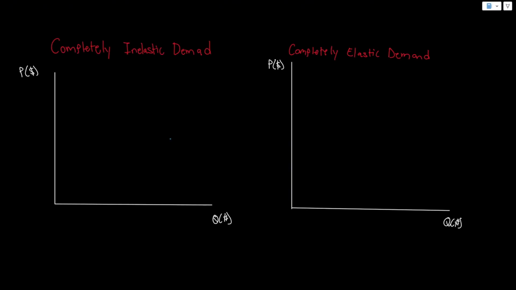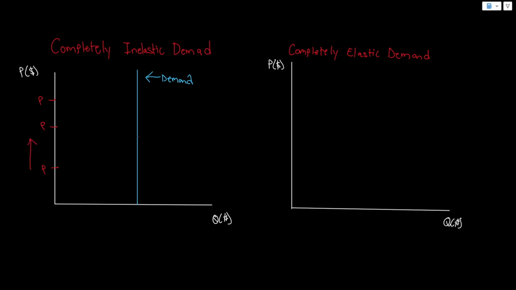Right, so now I'm going to show you the difference between a completely inelastic demand and a completely elastic demand. So starting off with a completely inelastic demand, here is what it would look like. This would be our demand. And as you could see, let's say we have a price here, a price here, a price here, if our prices increase, our demand stays the same.